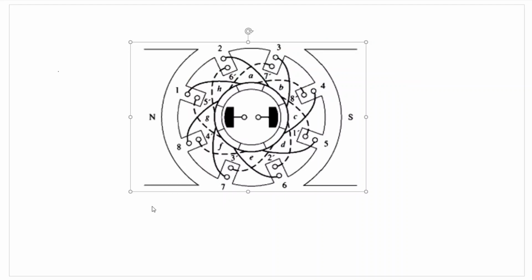This is an illustration of a two-pole lap-wound DC machine. These are the slots in which the conductors are placed.